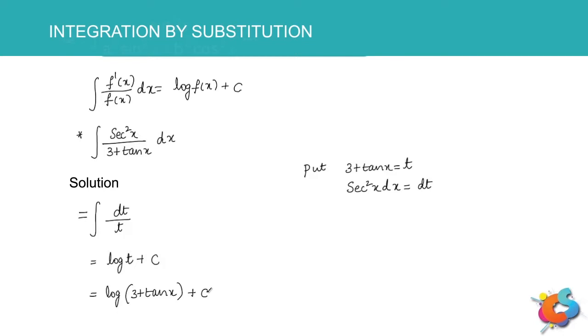The same problem can be done the other way also, using the formula that the integration of f dash x by f of x dx can be written as log f of x plus c. If you look at the problem, the numerator is just the derivative of the denominator. So it is exactly of the form f dash x by f of x. You can directly write the same problem as log of 3 plus tan x.